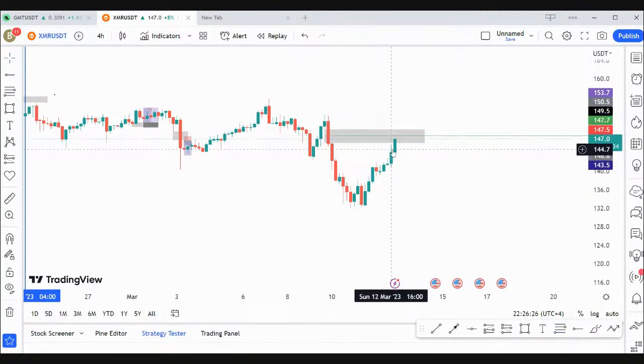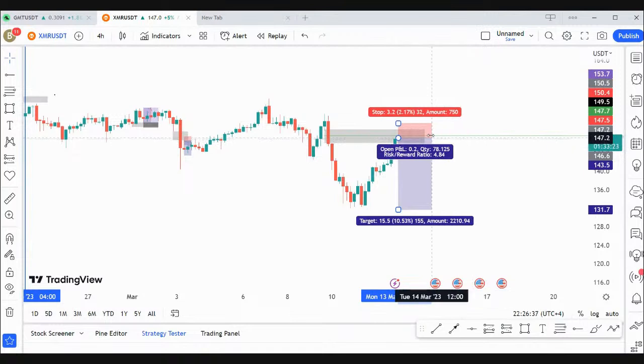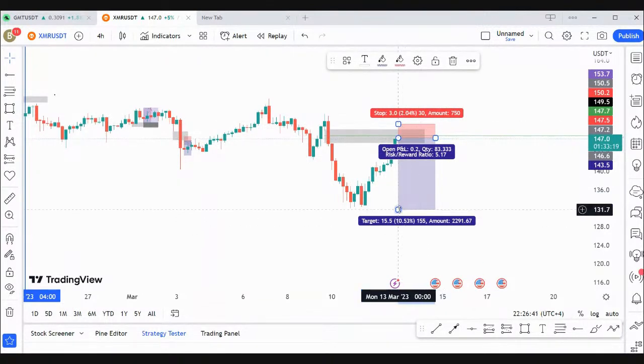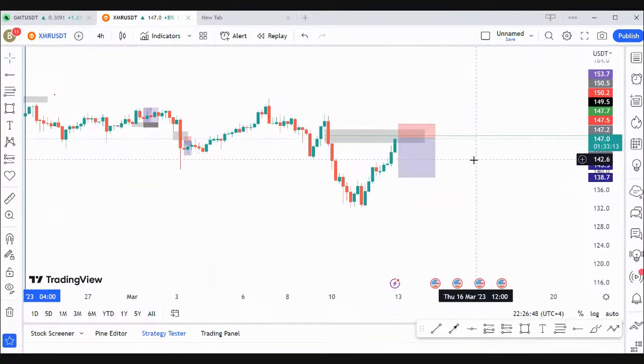Once you determine the 50%, it's likely that this particular coin right here, which is called SMR, might sell off again from this level. Once it happens, you wait for the next imbalance here. Don't take too much profit here.